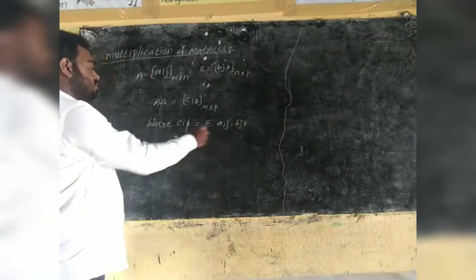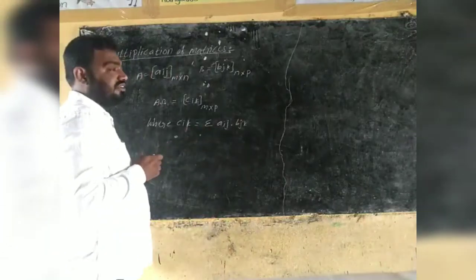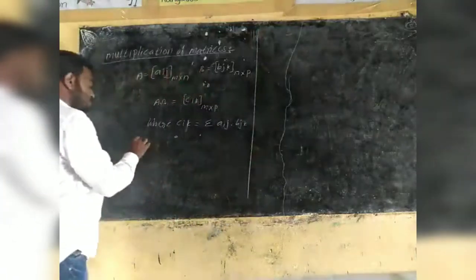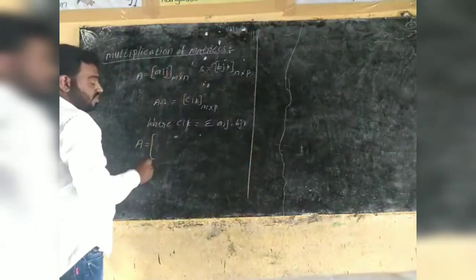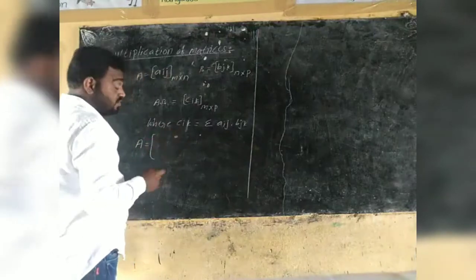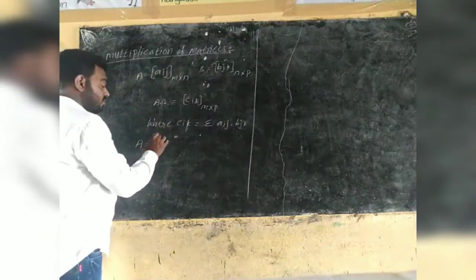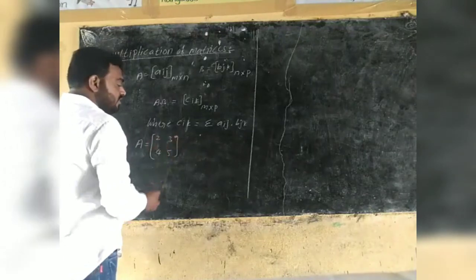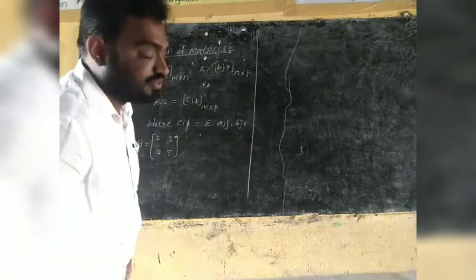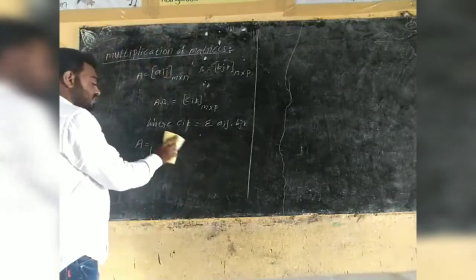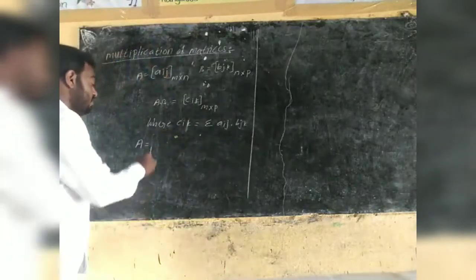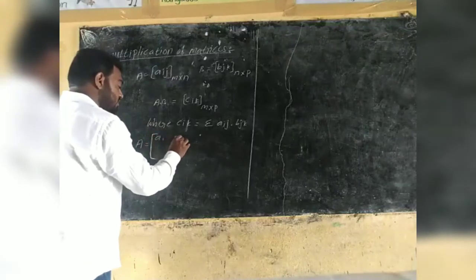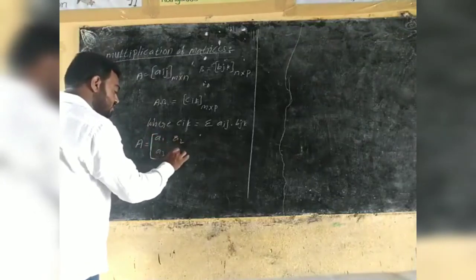By seeing one example you will get the idea. First I am showing a 2 cross 2 matrix product. A is equal to 1, 2, 3, 4, or you can take any constants. Clearly observe how I am writing. A is the matrix A1, A2, A3, A4.